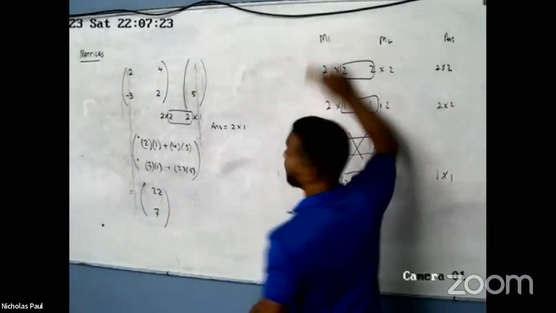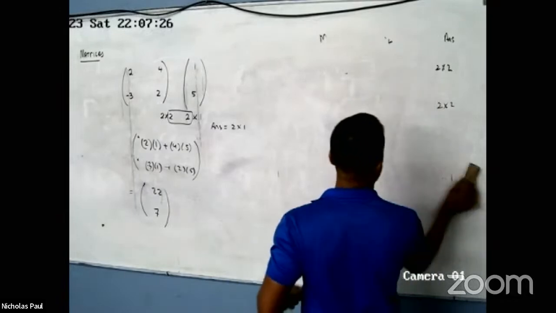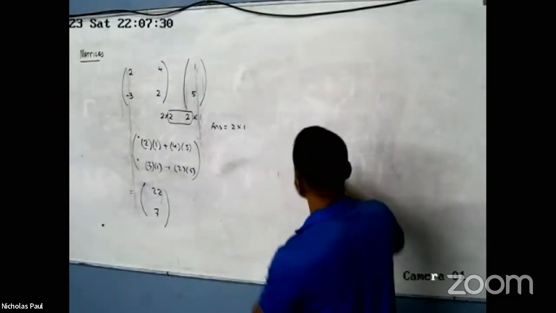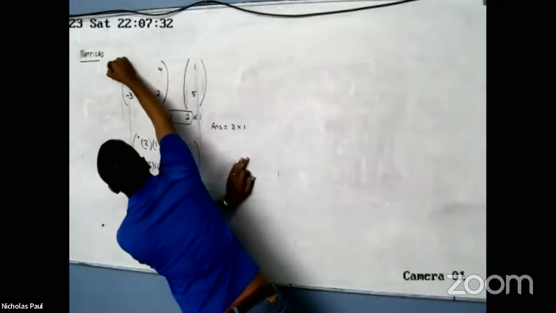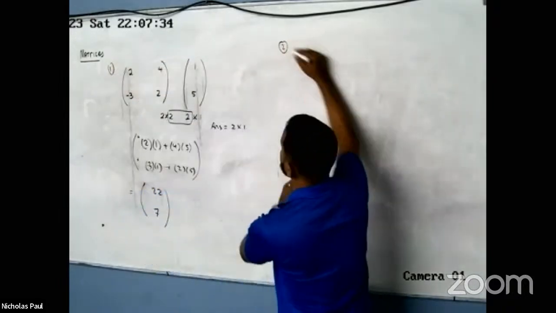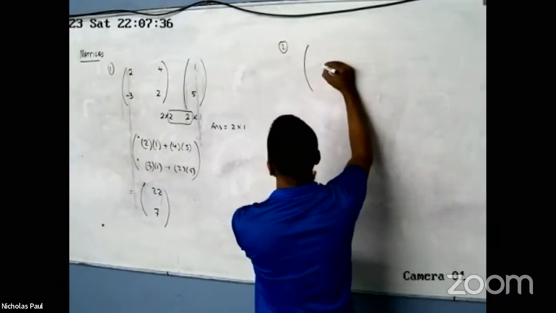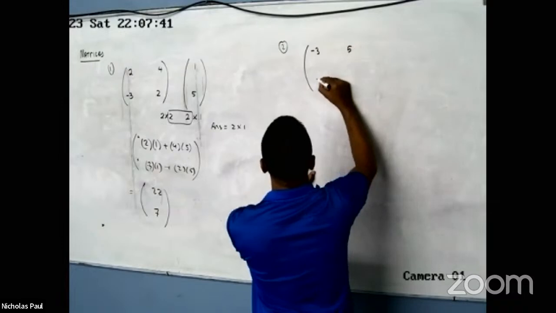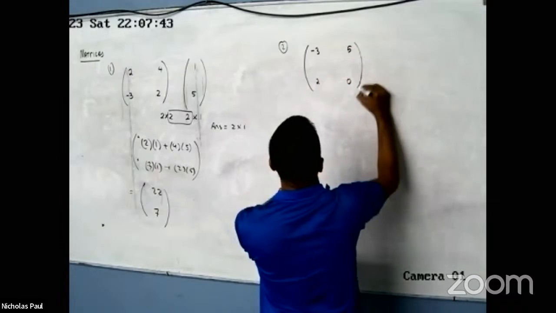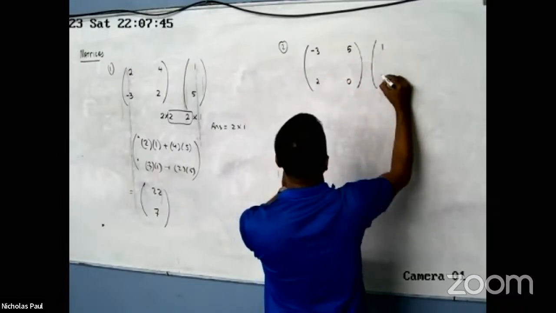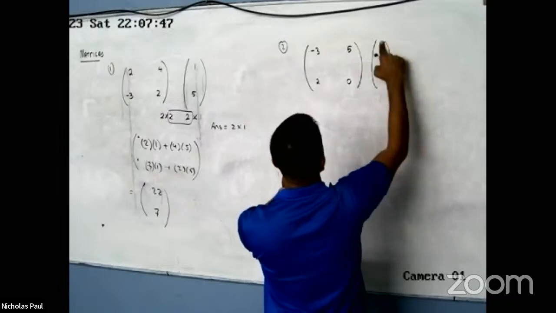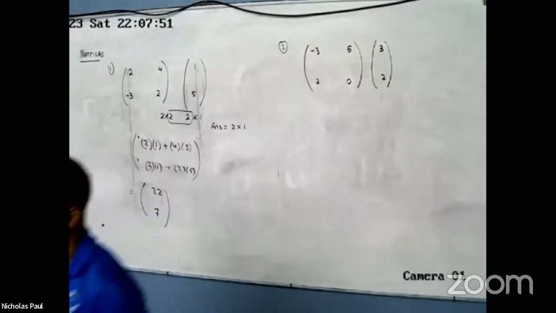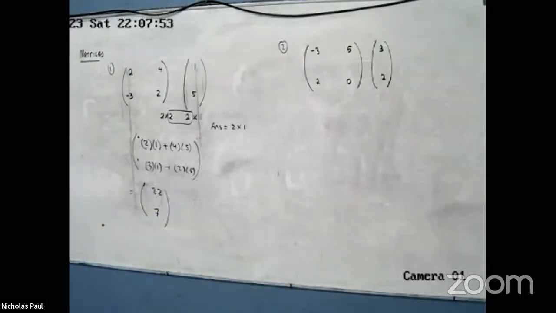Let's try one, right? Of course, please make sure it's conformable. Make sure you can actually multiply. Try that, please. Let's see if you get the answer.